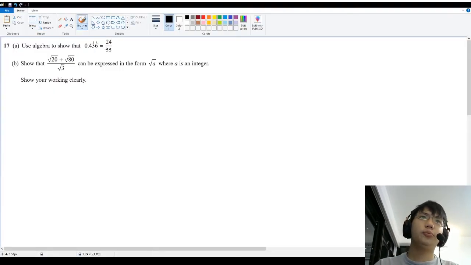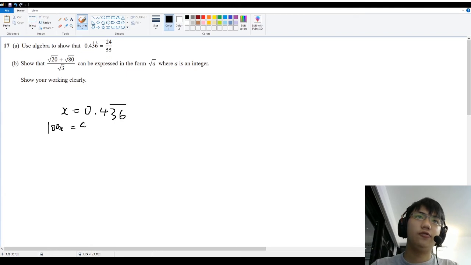So for part A, use algebra to show that 0.436 recurring equals 24 over 55. Let's just say that x equals 0.436 recurring. So 100x would be equal to 43.636 recurring.